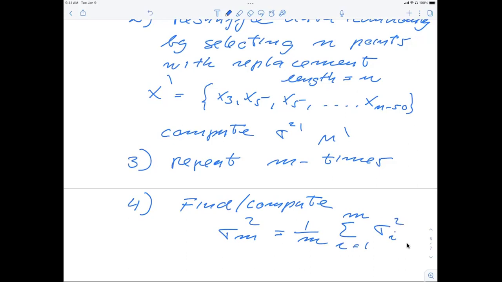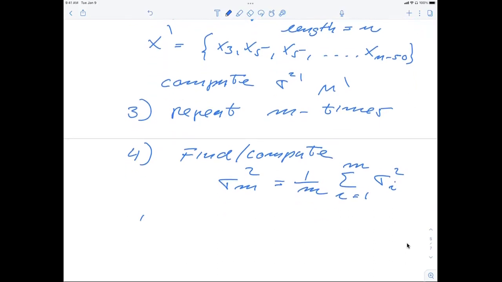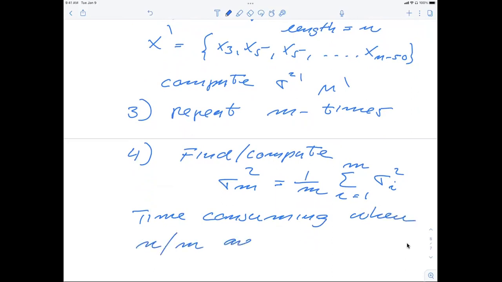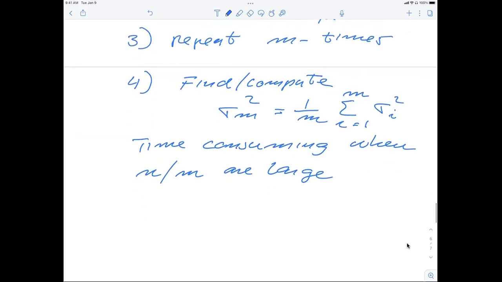So this becomes time consuming when n and m are large. And that leads us to the next method, which is widely used when n is large.